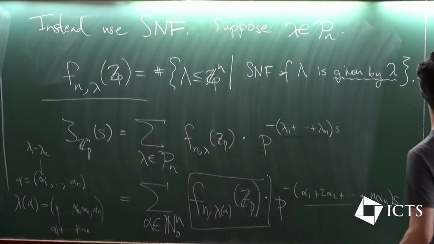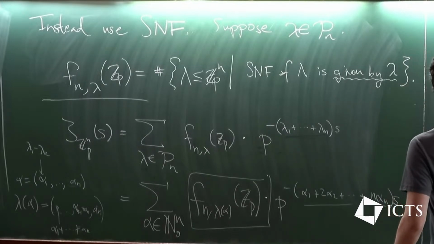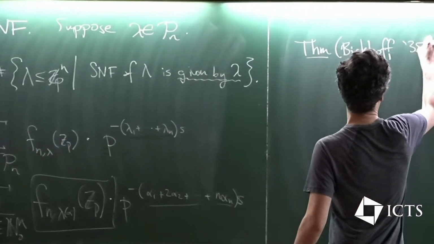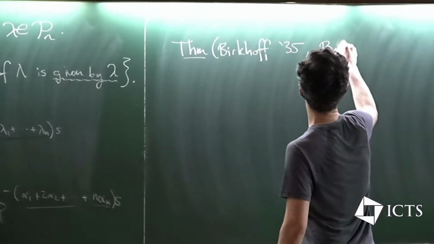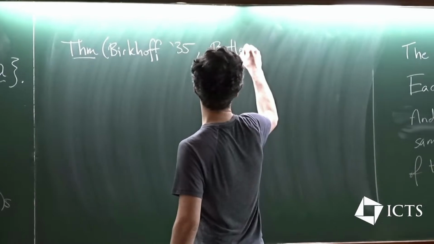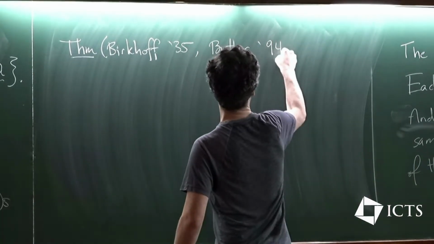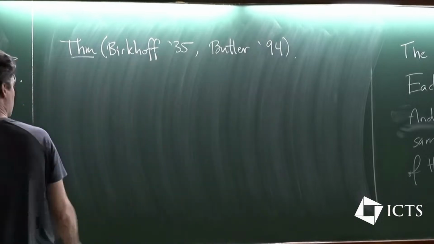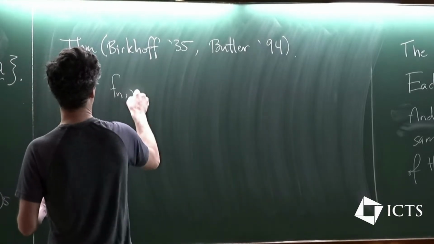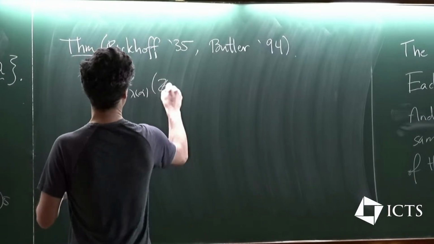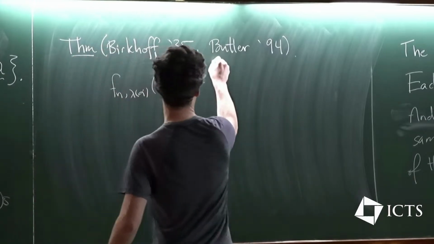And we can turn to a classical theorem of Birkhoff from 1935. Or if you want a modern version of this, you can go to Butler, and this is 94. That says F_n of lambda alpha over Z_p is given as follows.